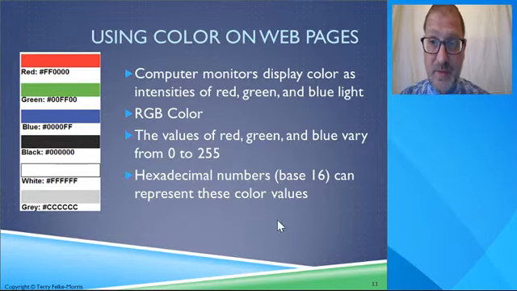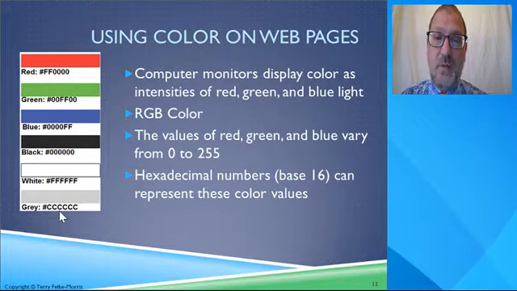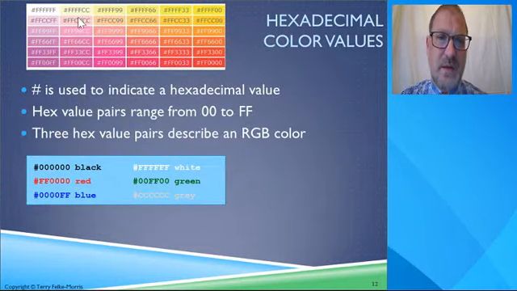Again, I'm not expecting you to remember all that, but you should definitely be able to look at a color and kind of understand what the components are. So basically, CC is somewhere close to 200, probably. I don't know off the top of my head. FF is definitely 255.